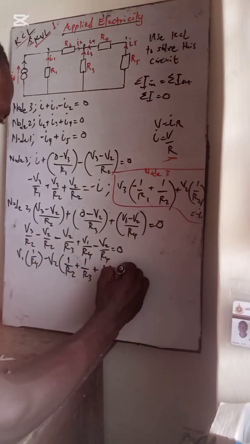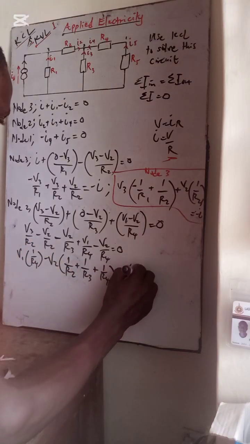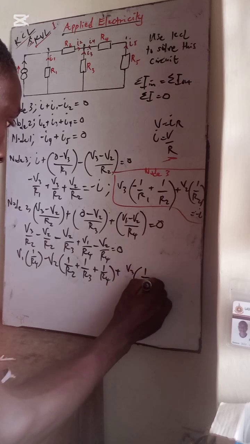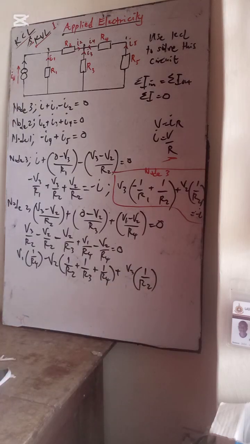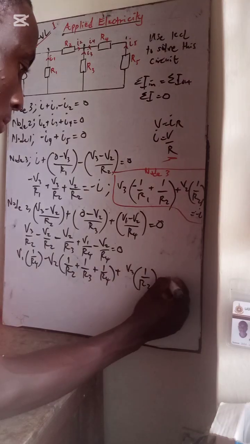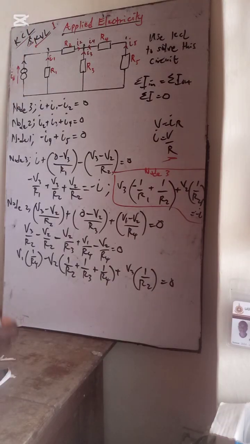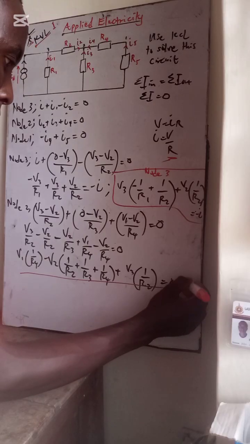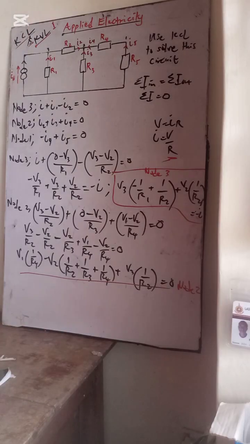Yes, we have V3. So V3 into bracket 1 over R2 is equals to 0. So this is node 2. Node 2. So for node 1, I'll just drop out the board and begin node 1.